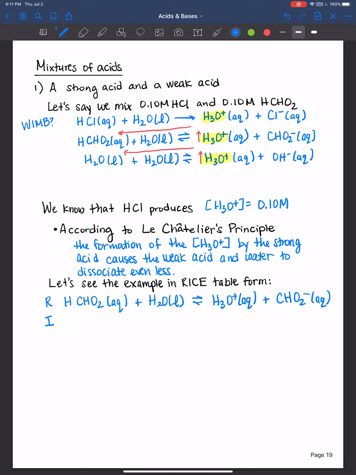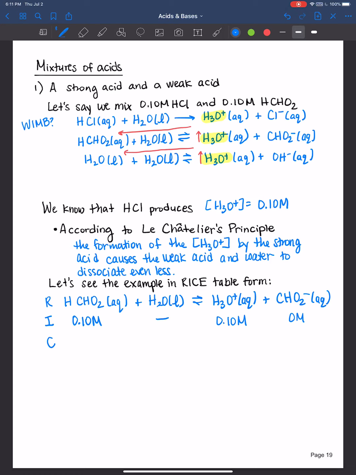Now, initially in our beaker, we had put in 0.1 molar of formic acid. But now we also have an initial concentration of hydronium ions from the strong acid as well. And so this is also 0.1 molar, and that's from the HCl.